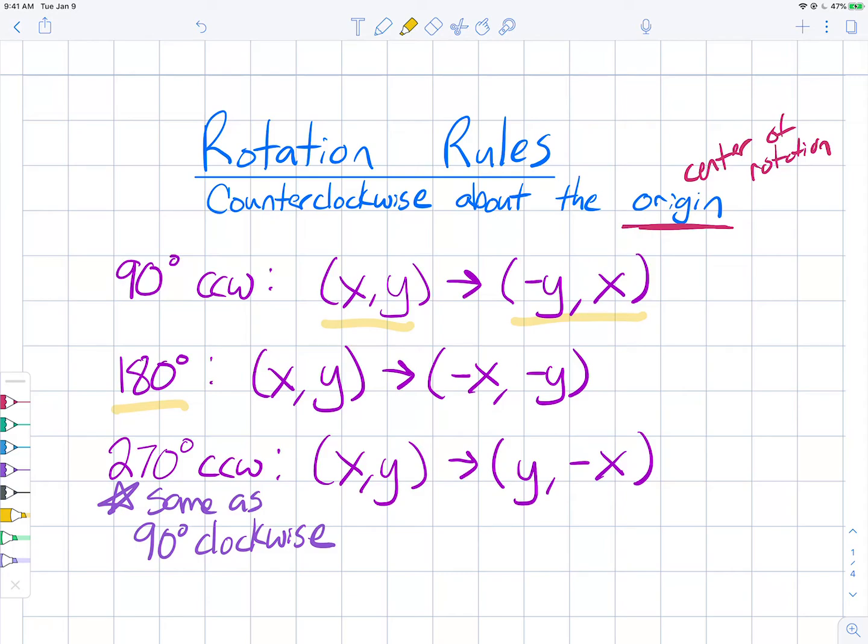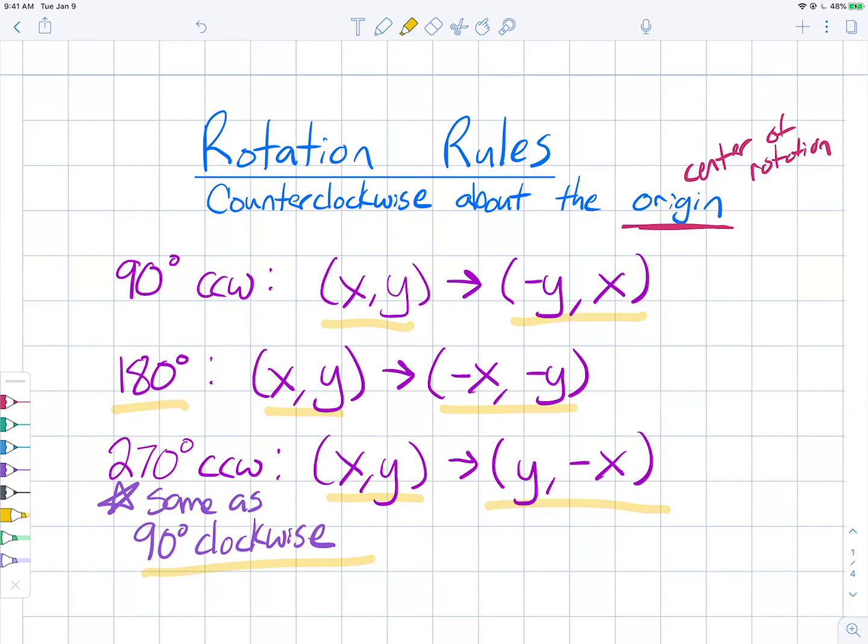So it doesn't actually matter which direction you are technically turning in. 180 degrees is 180 degrees. So the way that you rotate that is you take your point and you just make both of them the opposites. For a 270 degree counterclockwise, which is the same as 90 degree clockwise, same rule, you're going to flip the two numbers, so you're going to change x's and y's position, and then make x negative, or the opposite.